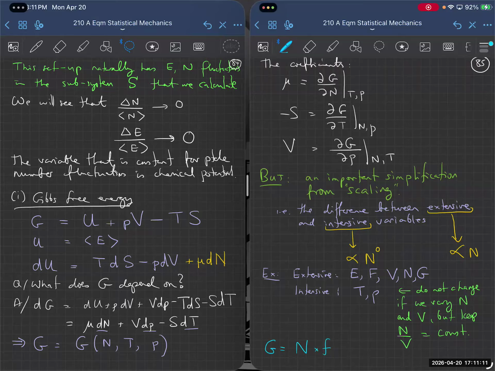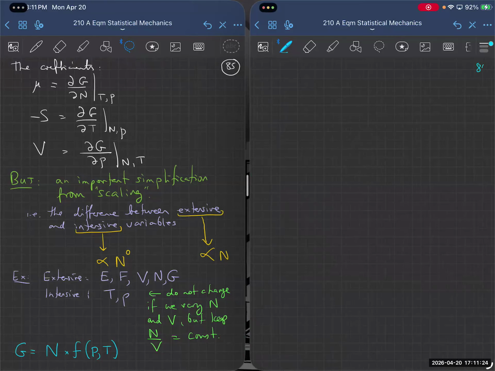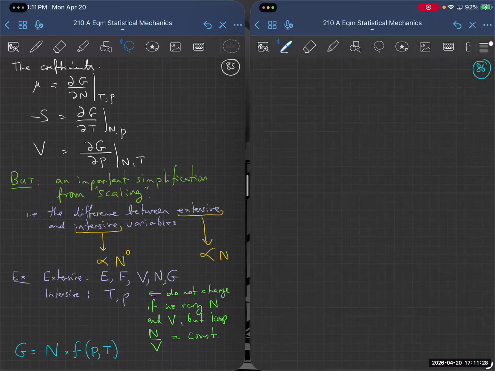We know that G depends on T and P. It must be proportional to the first power of n. So it must be proportional to some function of P and T. So we know that that is true. But the other thing that we know is that mu is equal to dG by dn at fixed T and P. And so that means that this function f is actually the chemical potential.